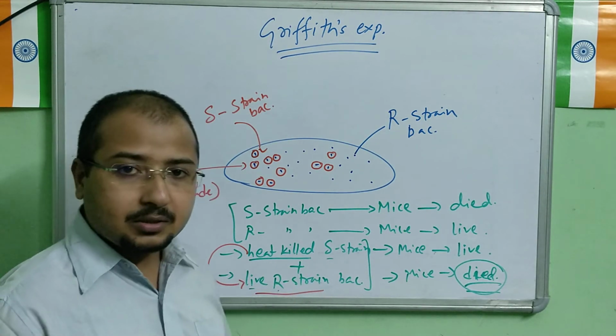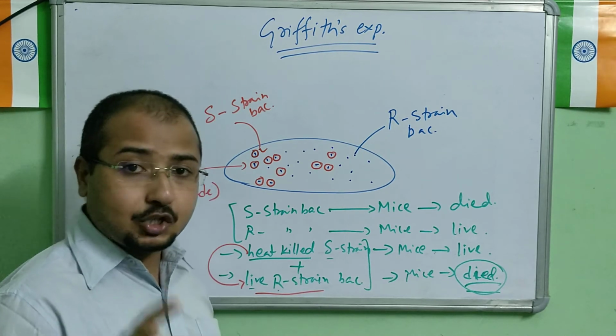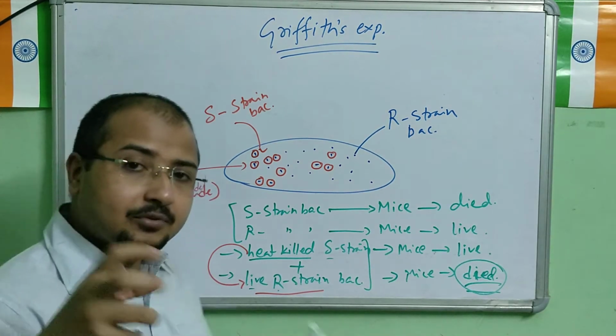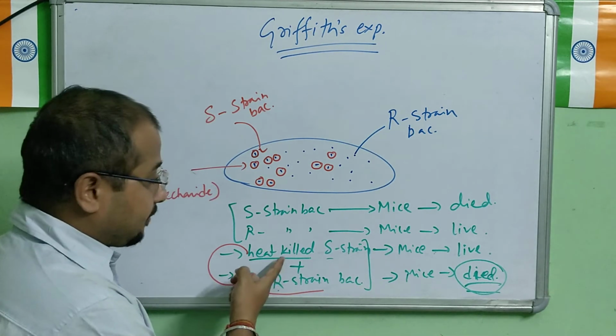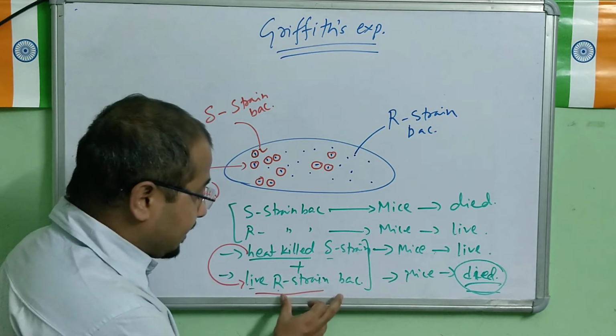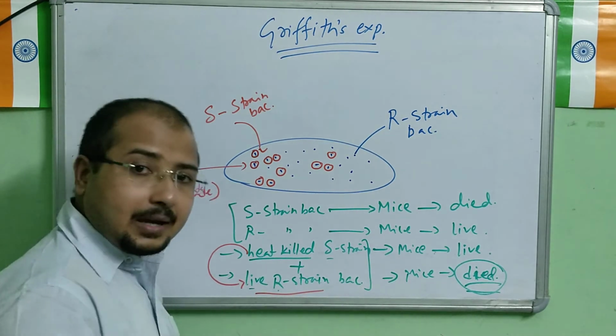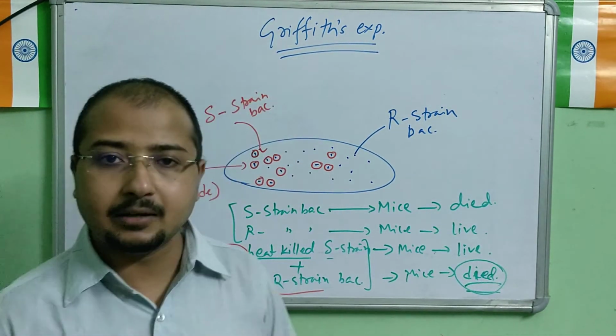He could not tell anything about this, but he assumed that some transformation principle was transferred from the S strain bacteria into the R strain bacteria, and it transformed into an active poisonous nature, which ultimately killed the mice.